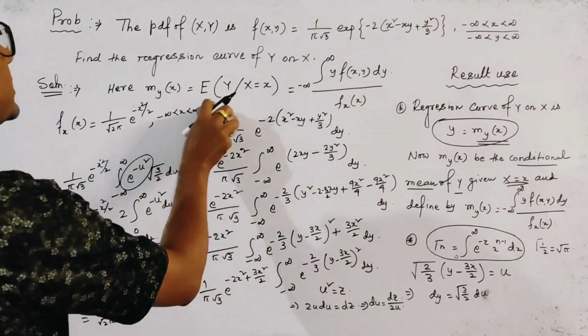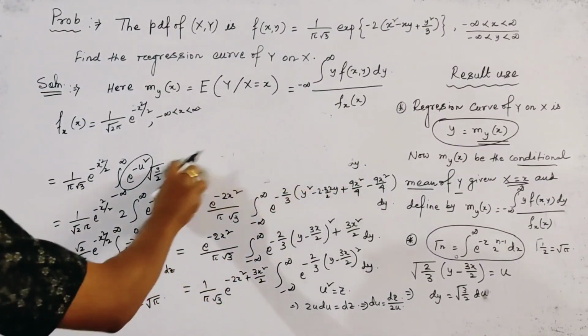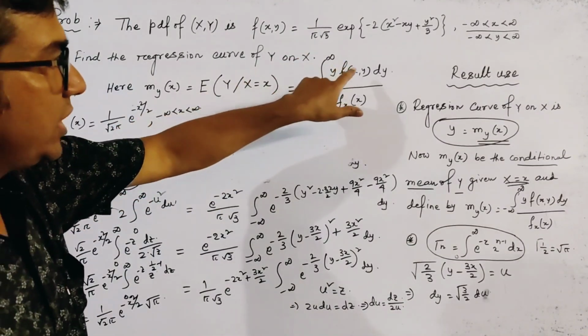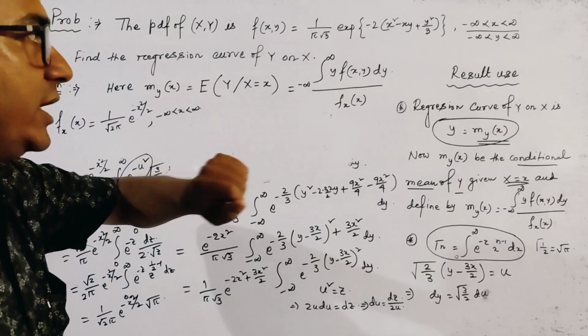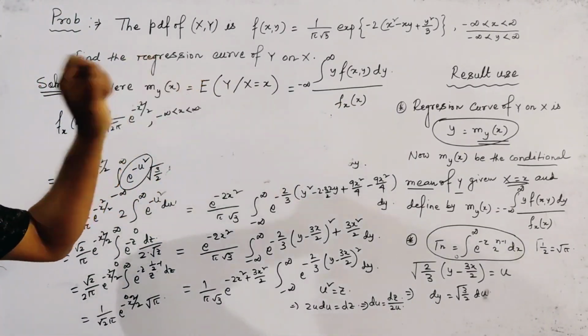Now we start our next work, which is given by the integration from minus infinity to infinity of y into f(x,y) dy, divided by f_X(x), and then we get m_y|x.